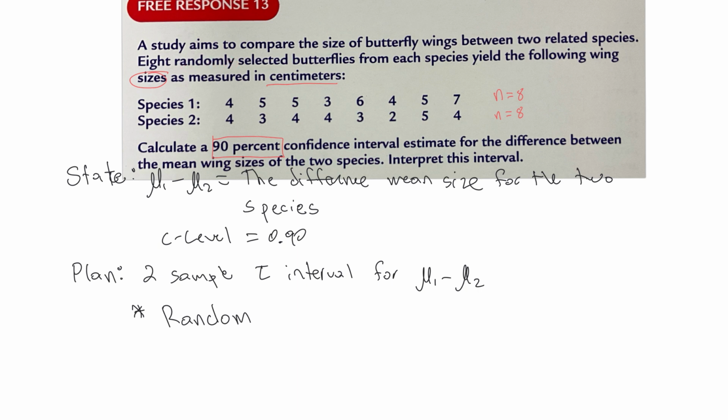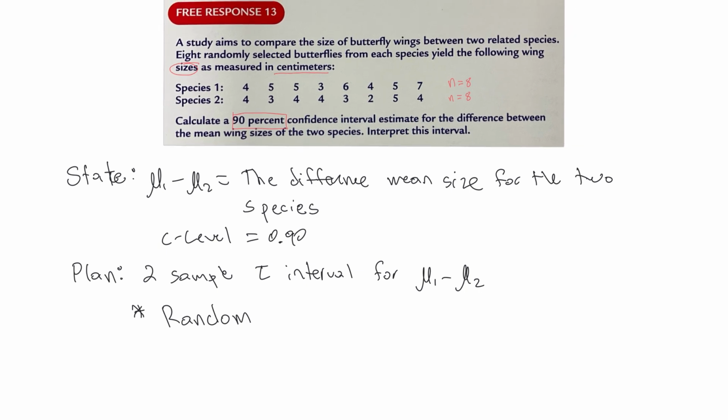So condition number 1 is met, but you have to explain. So I'm going to say the two samples are randomly selected, and that's how you write it down. You have to explain why that condition is met.